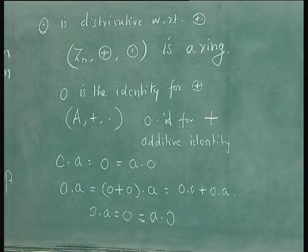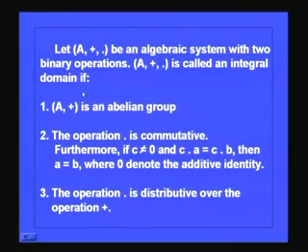So, with this let us see what is meant by an integral domain. Again you have a set with two operations (A, +, ·), which we call addition and multiplication. It is an algebraic system with two operations, and this is called an integral domain if the following conditions are satisfied. The first condition is the same as for a ring: A plus is an abelian group. Then the second condition is dot is a commutative operation.